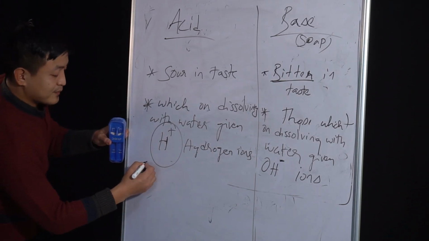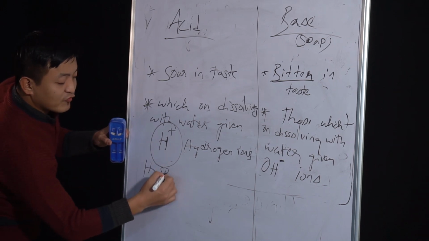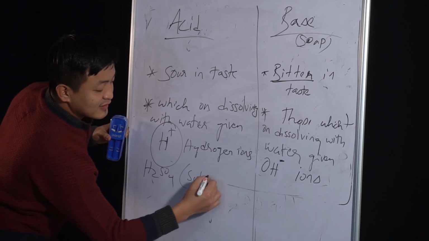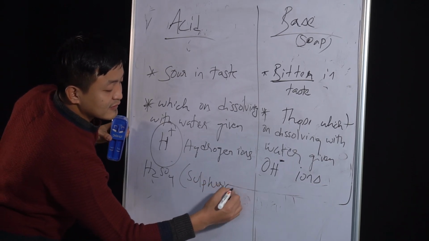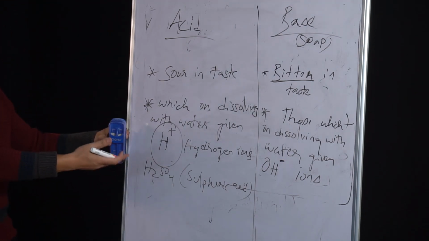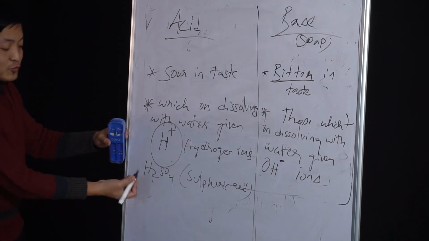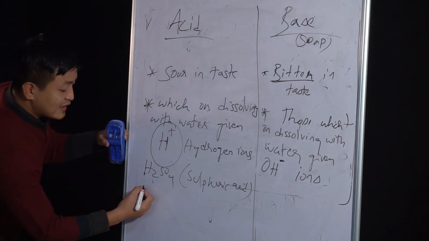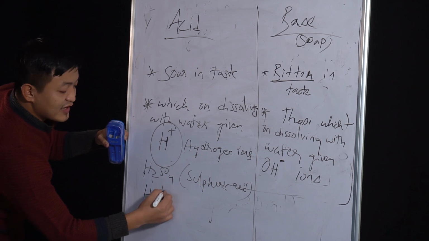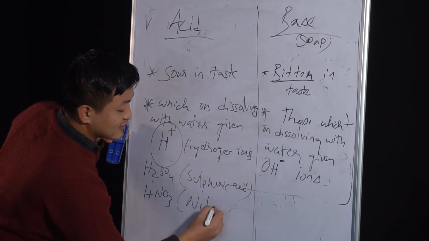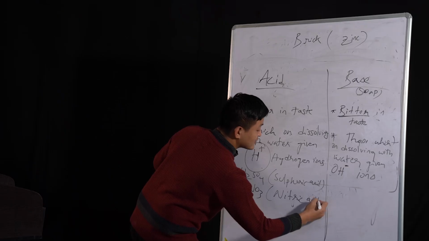So now let me give you some examples of acids. Let's say H2SO4. That is sulfuric acid. So from the name itself, we know that it's sulfuric acid. So what we get to see here is H. Now let's take the example of HNO3. That's nitric acid.